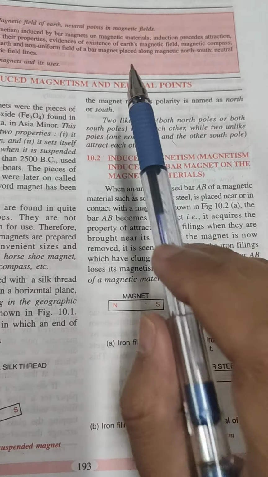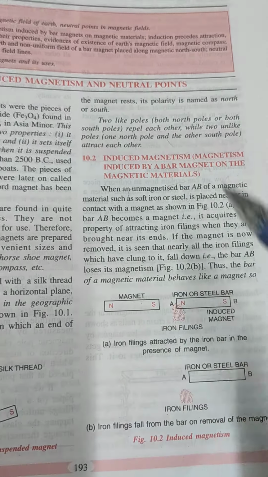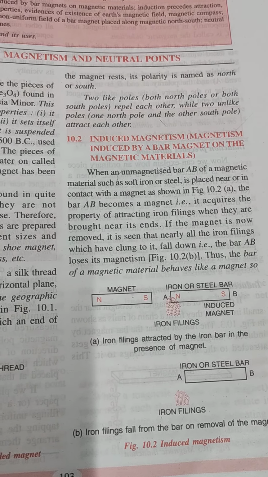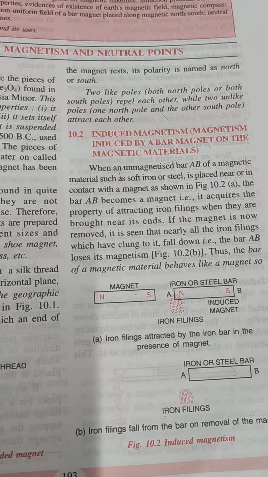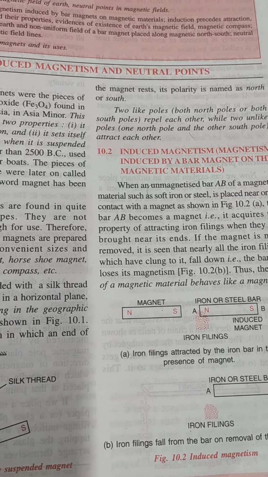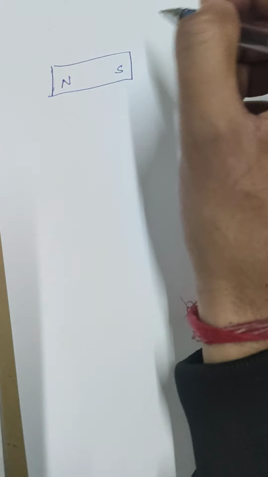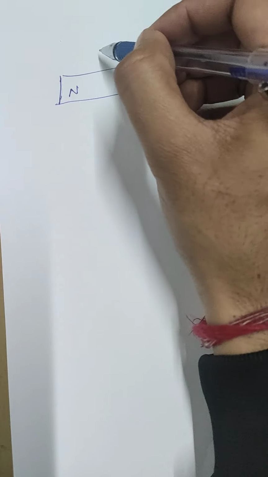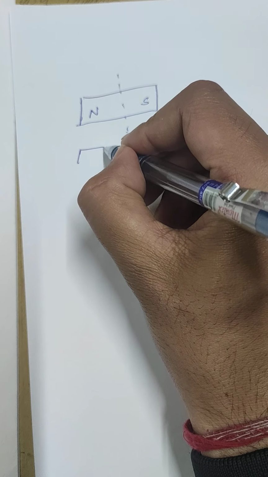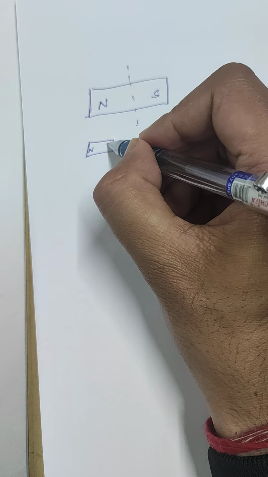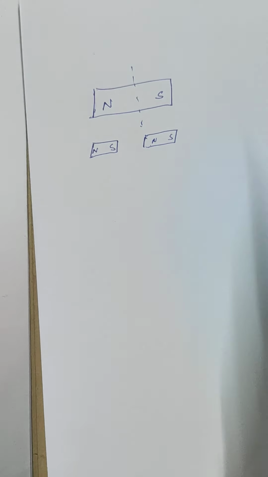A magnet has two poles, north pole and south pole. Please remember that like poles will repel each other and unlike poles will attract each other. Now, if we have a magnet which has two poles, and we break the magnet, then we get two smaller magnets, and both of them will have their own north and south poles.